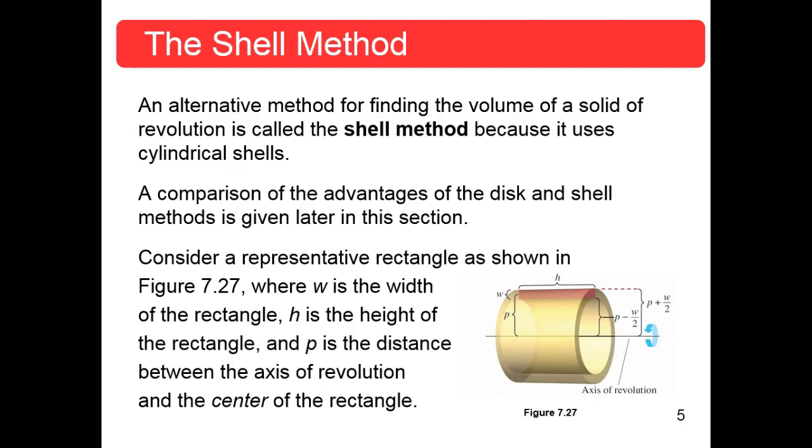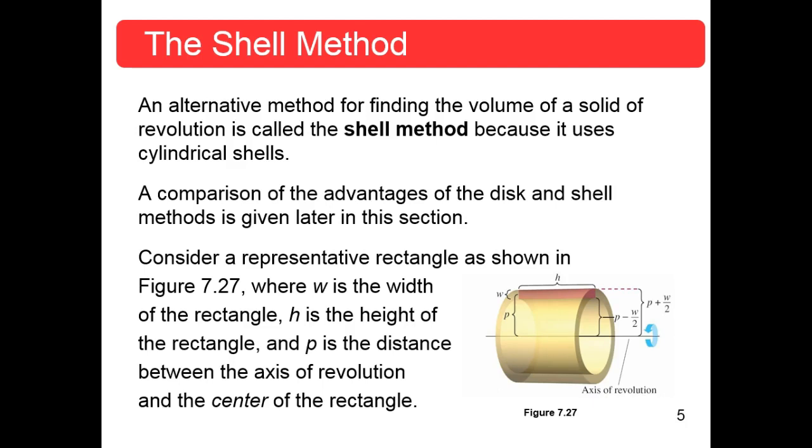Okay? Now, we're going to revolve that little rectangle around the horizontal axis here. Okay? Now, the center of that rectangle, they're going to say, is p from the axis.